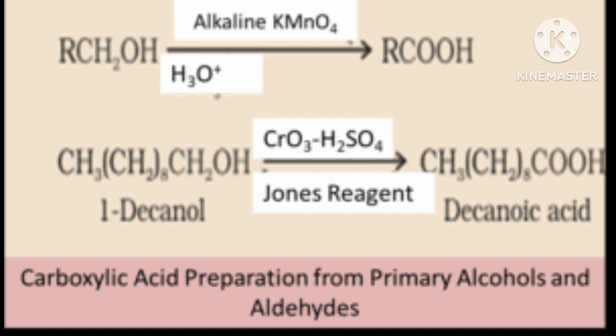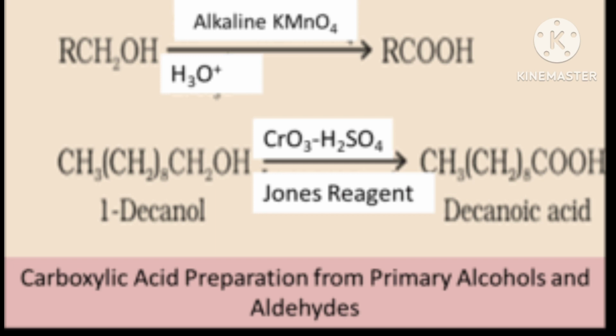Then this CH3(CH2)8, leave it, and CH2OH. Here again the H2 will go and O will come. The decyl part will be the same, but now the name will be decanoic acid. Decane, the E will go, OIC will come and attach.